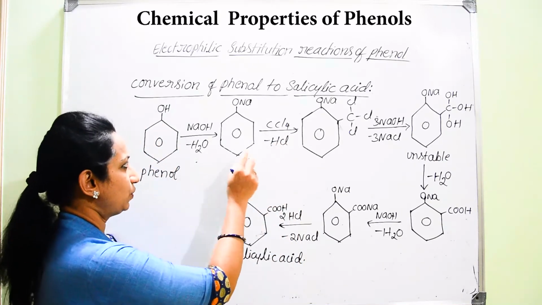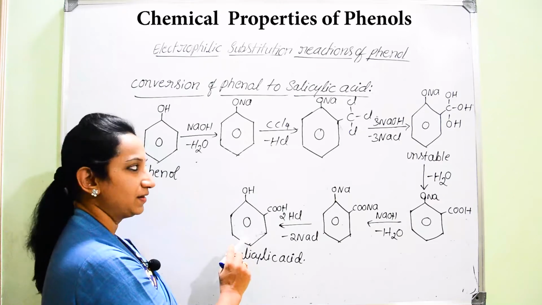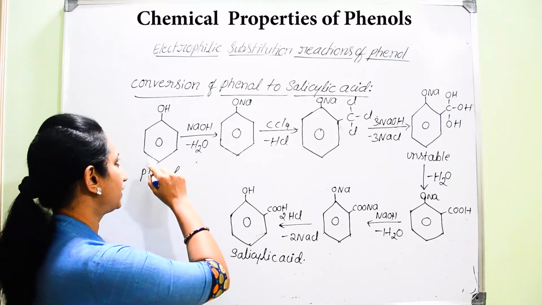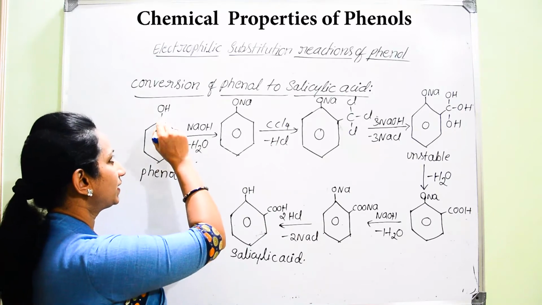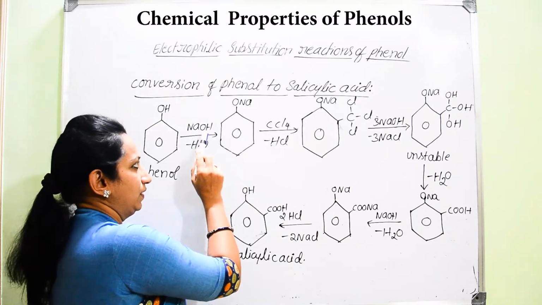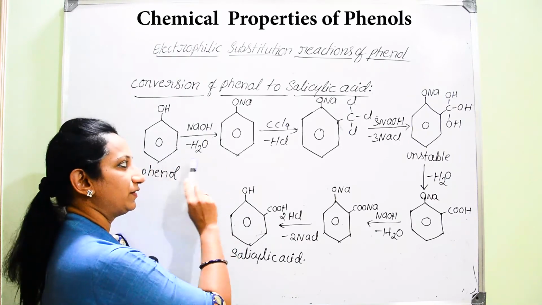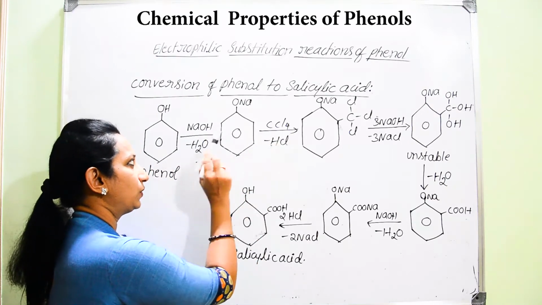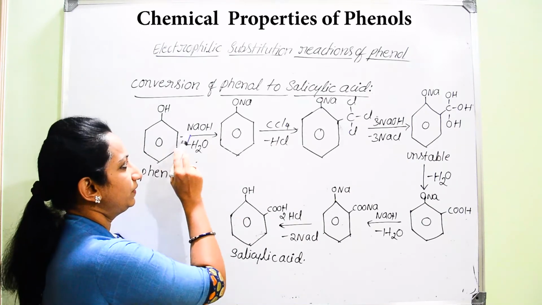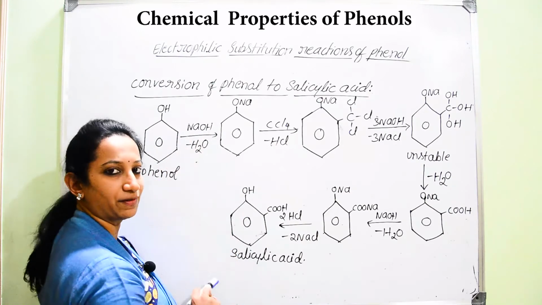And once you go for this reaction sequence, you can start with the first starting reagent, that is phenol. To the benzene ring there is attachment of an OH group. Now, even though we are just heating the phenol with carbon tetrachloride in the presence of NaOH, first that phenol will interact with the sodium hydroxide.